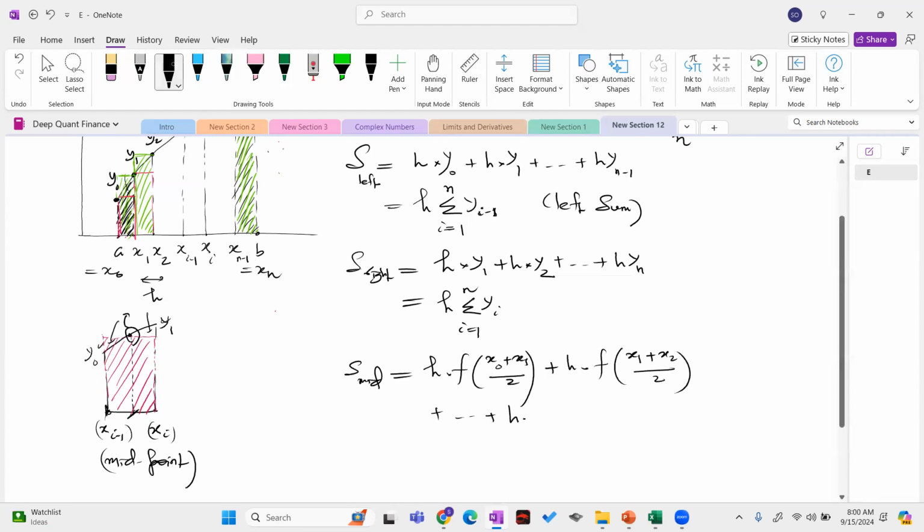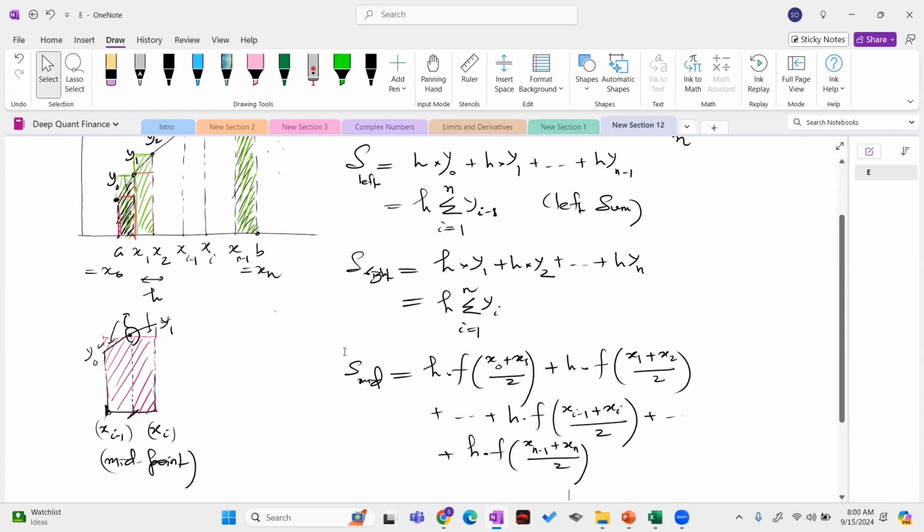The ith term would be h times f of x i minus 1 plus x i divided by 2. So you find the midpoint in the x domain of that subinterval. Then what is the height there? And this goes on. We have h times f of x n minus 1 plus x n divided by 2. Okay, so this is the midpoint rule.